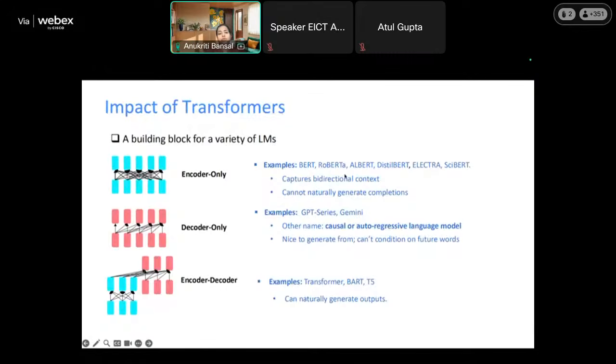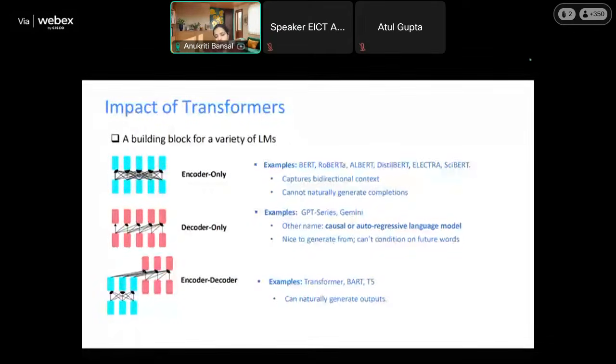So they are used for classification. They are very good at classification tasks: text classification, sentiment analysis, named entity recognition. So encoder models are good at that. There are also some encoder-decoder models.